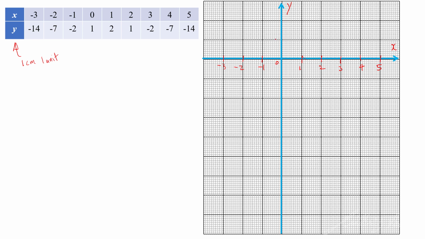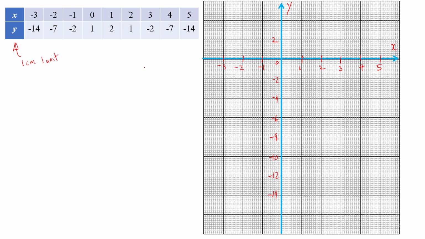Then over here I have 2, and that will be enough. -2, -4, -6, -8, -10, -12, -14.